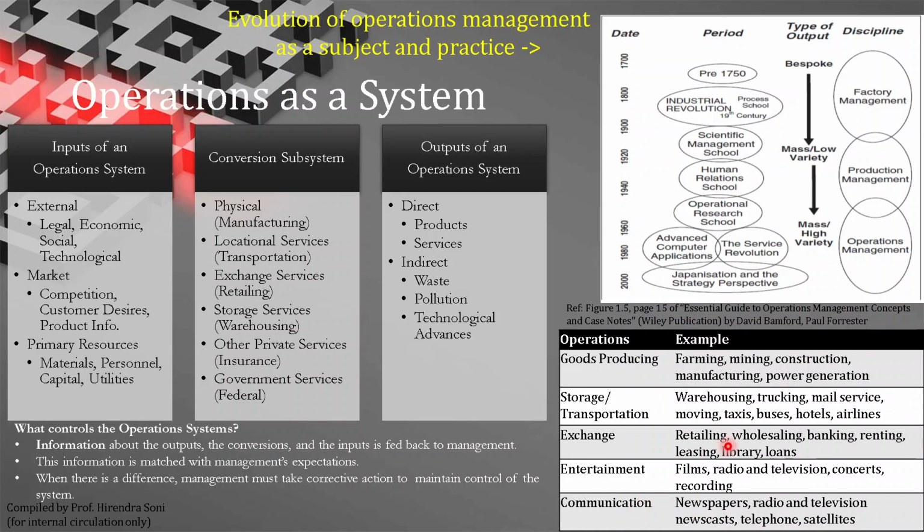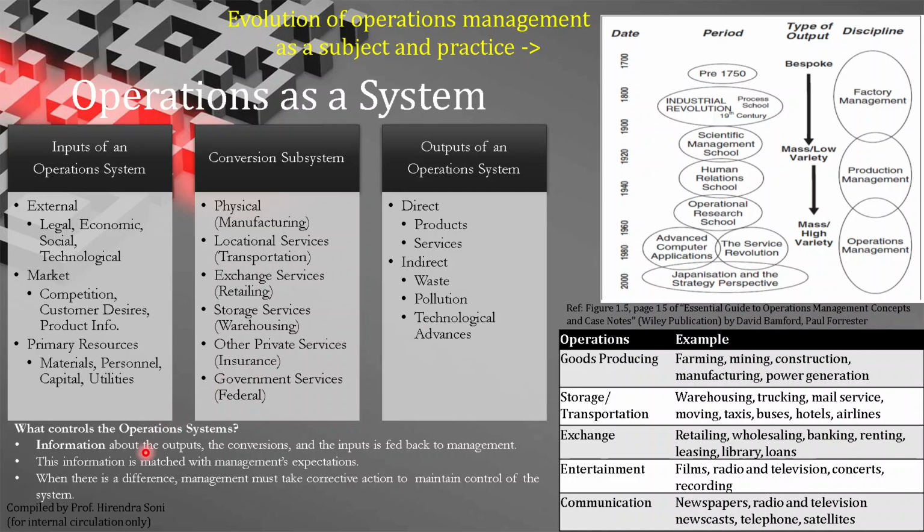When we look at films, radio, television, concerts, recordings, these are related to entertainment operations. Retailing, wholesaling, banking, renting, leasing, library loans, these are exchange operations. So depending upon the nature of the operation, we can again categorize them or group them under various heads.